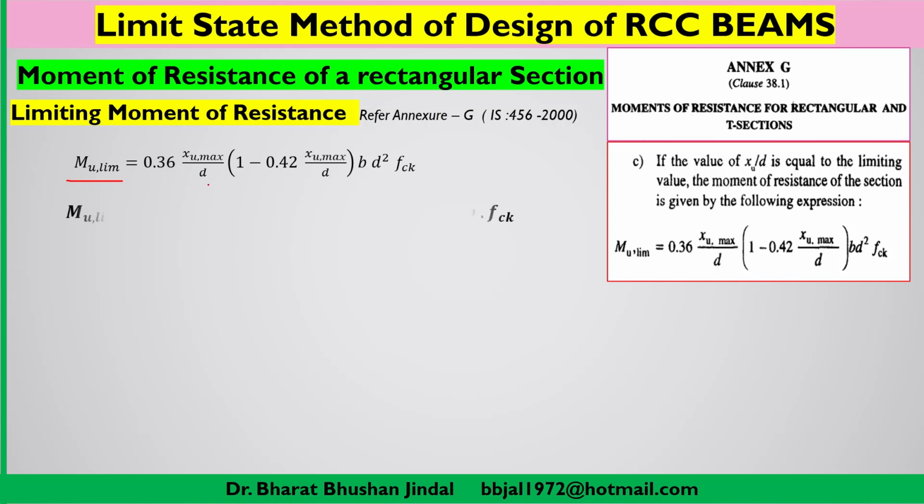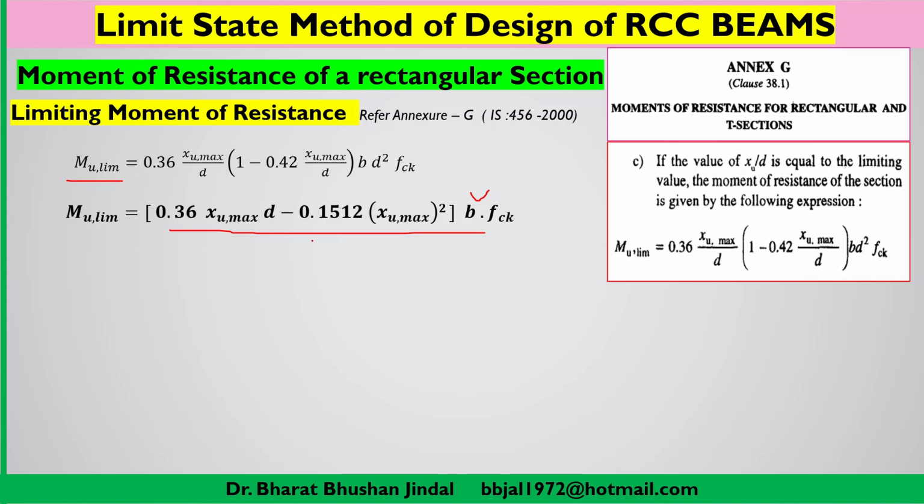So if we just rewrite this equation in this form, the formula will be in the form of xu max raised to power 2 multiplied by the width of the section as well as the characteristic compressive strength of the concrete.